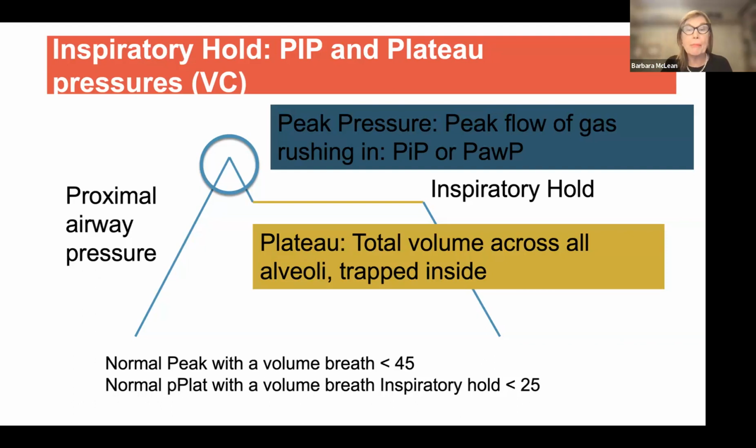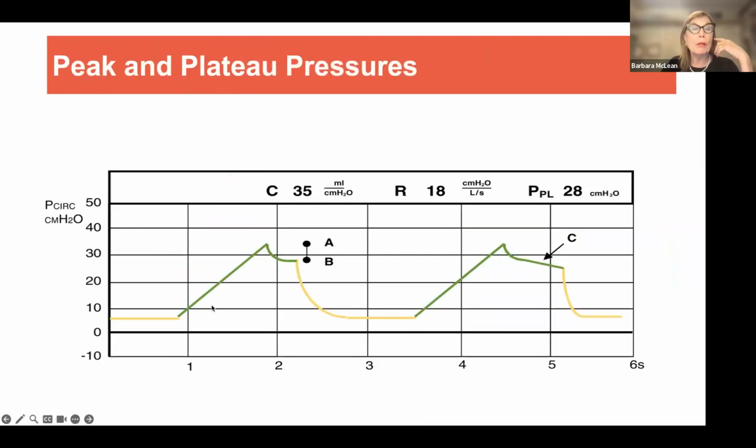This is called the P plateau. And now we look at it again, we can just see P plateau. Here is your peak pressure. Here is your plateau. This is the difference between the two. And here you're looking at that plateau pressure again. That plateau pressure is 28. It's 28 here and it's 28 here. Okay. Now that's really important.